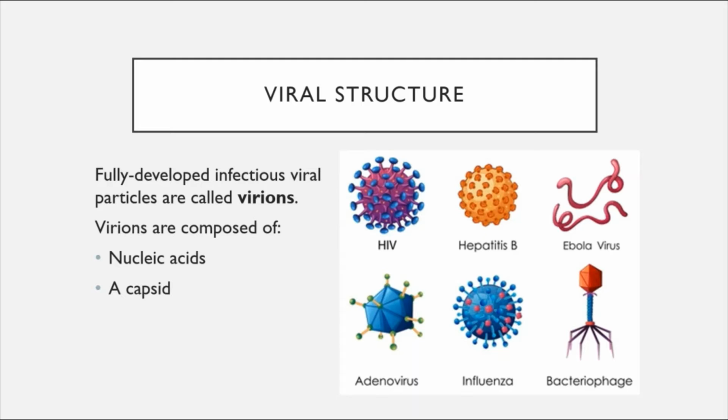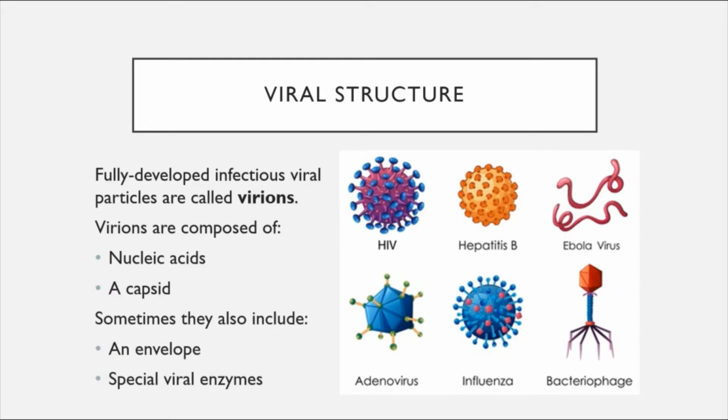They are composed of nucleic acids surrounded by a protein capsid, and sometimes they also include an envelope and special viral enzymes, although these last two components are not found in all viruses, only in some of them. So let's take a look at each of these components one by one in a little bit more detail.